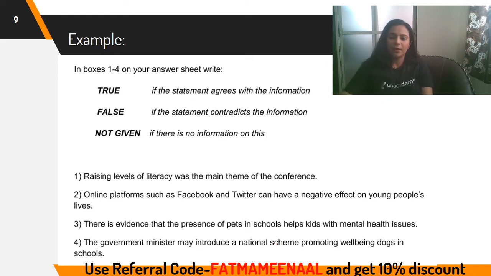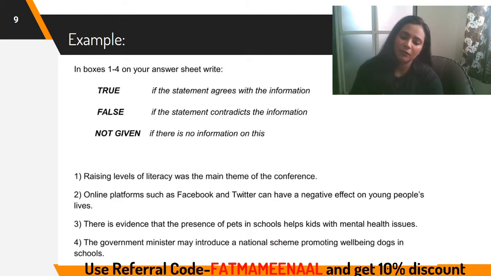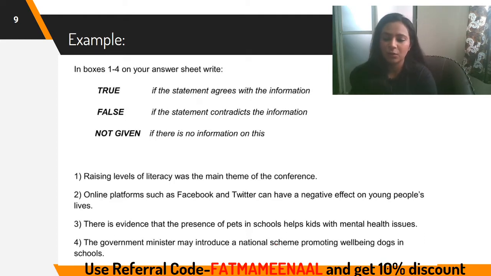Another key point I wanted to tell you guys: sometimes you might want to say that a particular statement is false from your own understanding, from something you've read somewhere, or because there are some easy facts which you think are obvious. Don't go with it. Make sure you find the answer in the passage and relate it to the passage, because sometimes statements are put there just to confuse you.